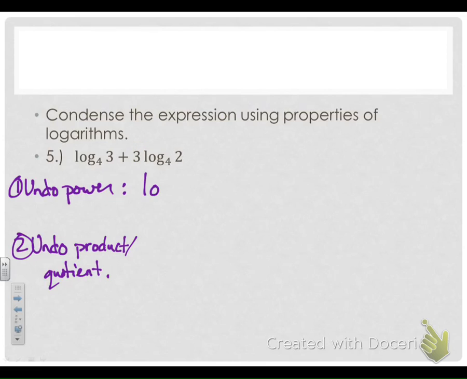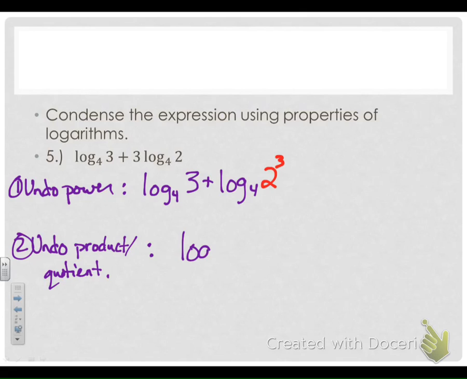So far we have log base 4 of 3 plus log base 4 of 2 cubed. So in the next step, I'm going to undo product or quotient. I notice I have a plus sign, so it's the product rule. Undoing this product, I'm going to have 3 times 2 cubed.